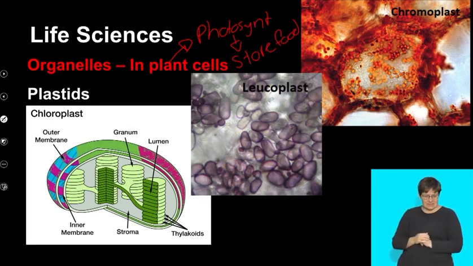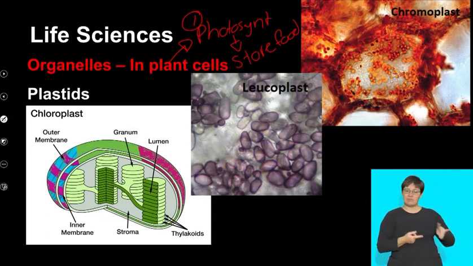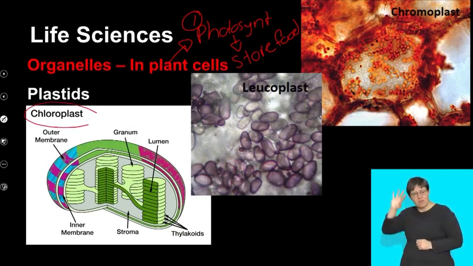Now, the first thing you need to be able to do for plants is that they are able to photosynthesize, right? We as animals, we cannot, we are heterotrophs, we need to eat. Plants can photosynthesize because they have got this very special plastid called a chloroplast.